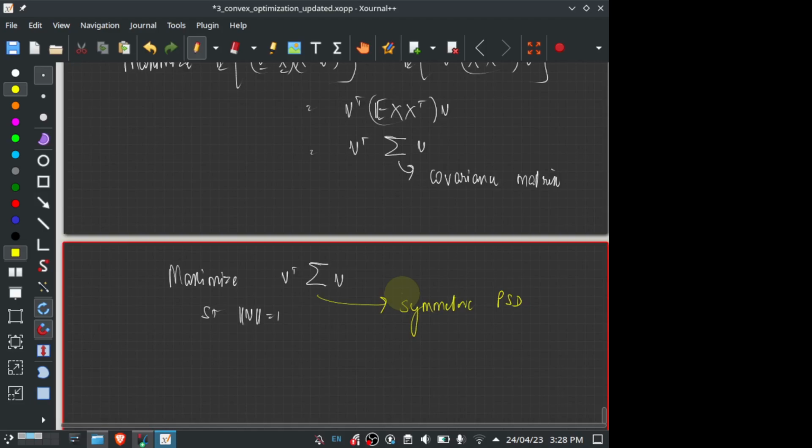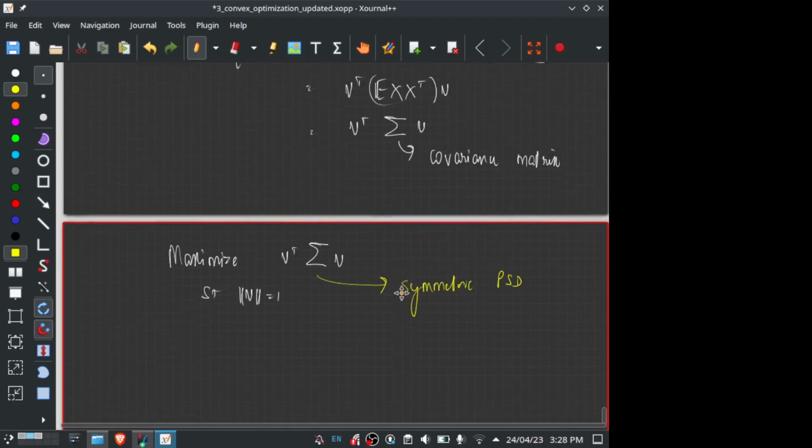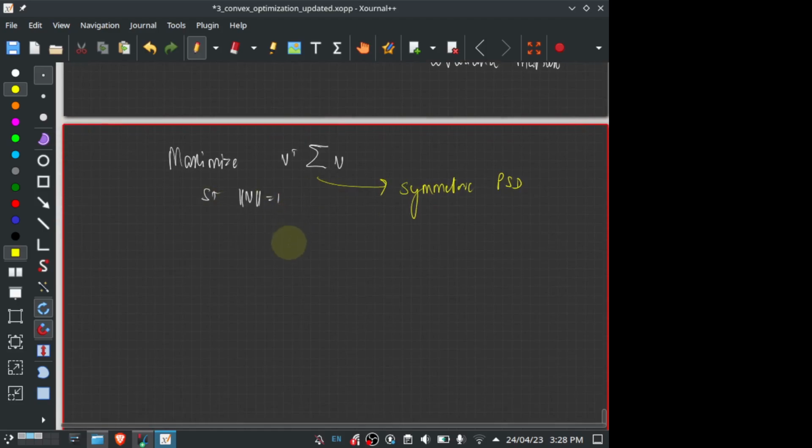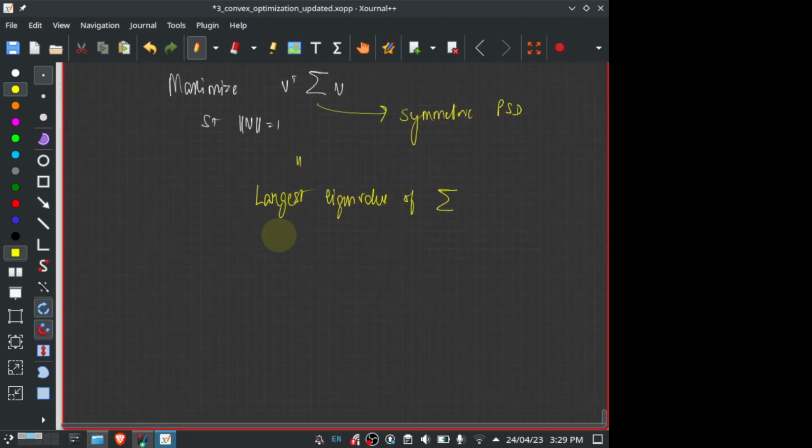It's the largest eigenvalue of sigma. So this is simply equal to the largest eigenvalue of sigma. And what is the v star that achieves this maximum? That will be the eigenvector corresponding to the largest eigenvalue.